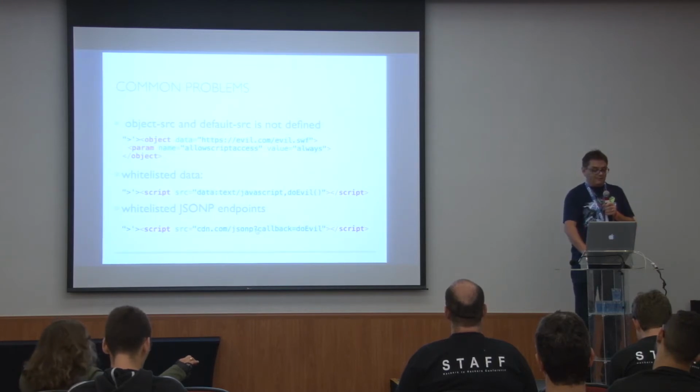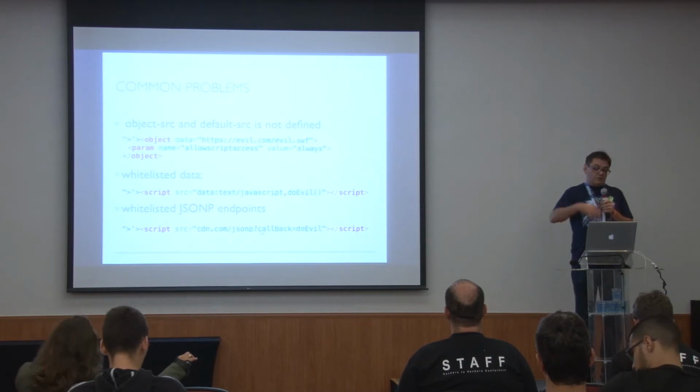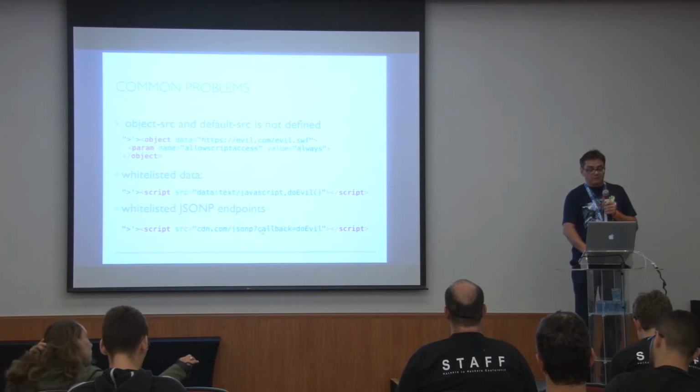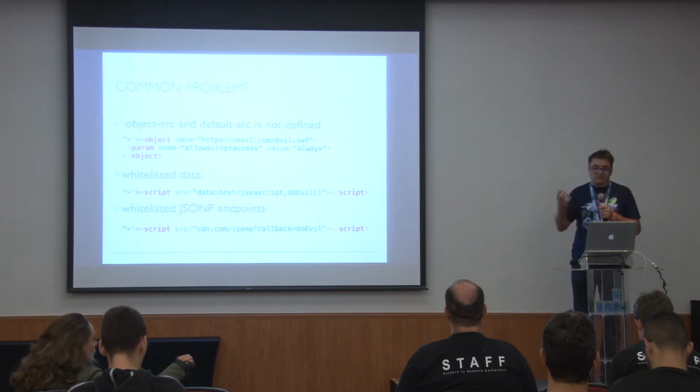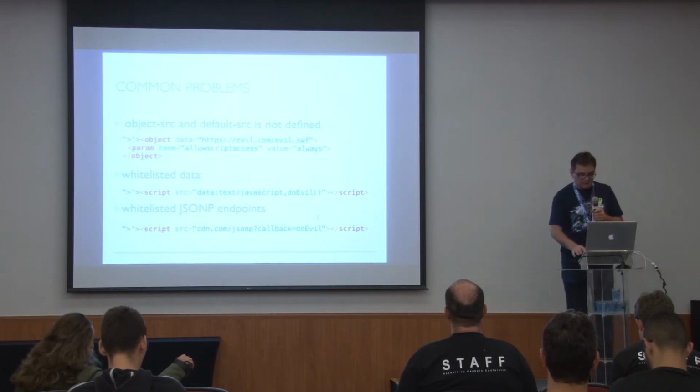So if you whitelisted cdn.com/JSONP and you're using it actively in your web application, an attacker might figure that out and use it in a malicious way and send a function which will be evaluated in the HTTP response. So it's basically an attack vector.